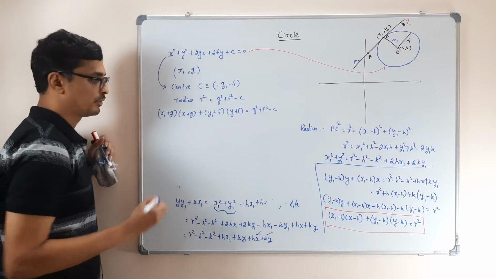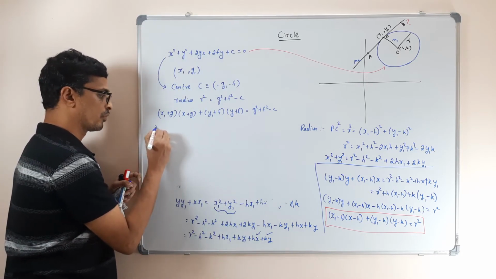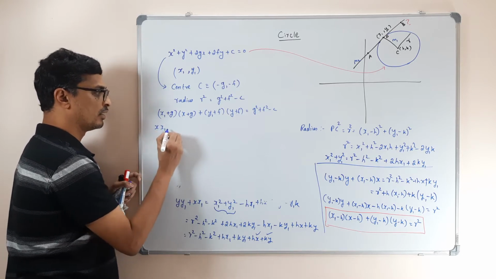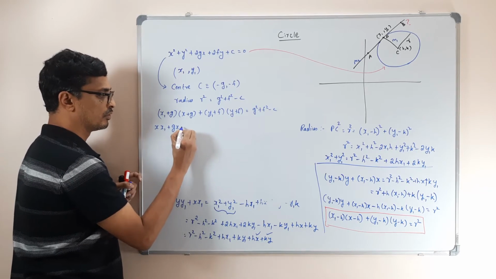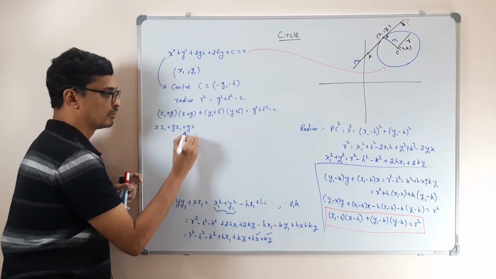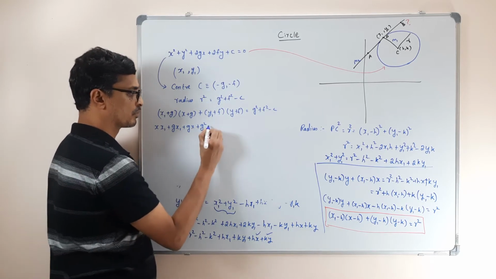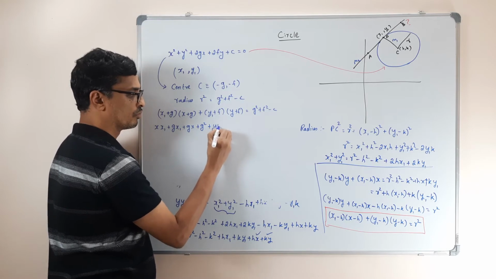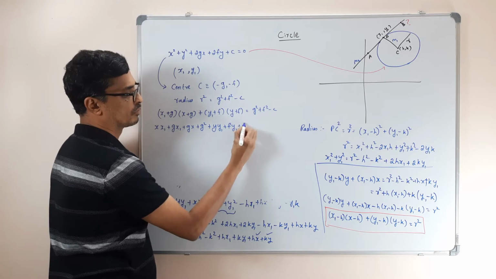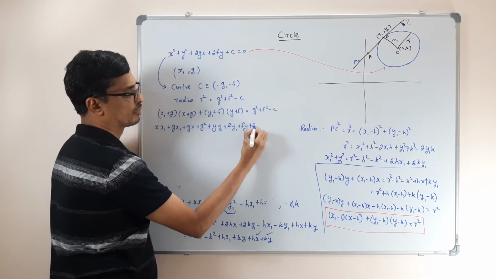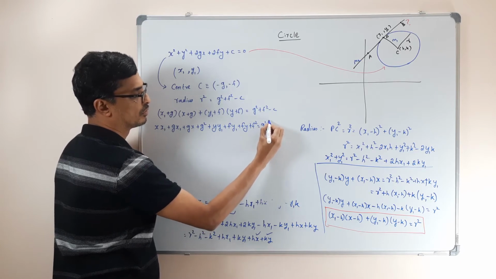So let us open it. What will this be? Tell me. x1 into x, x1 gx1, plus gx plus g square, plus y1 y plus fy1 plus fy plus f square, equal to g square plus f square minus c.